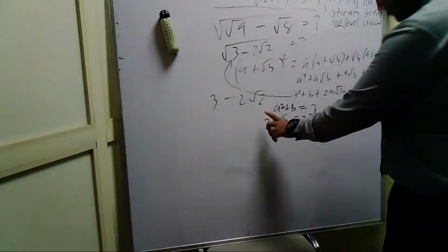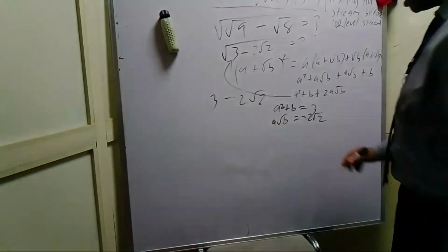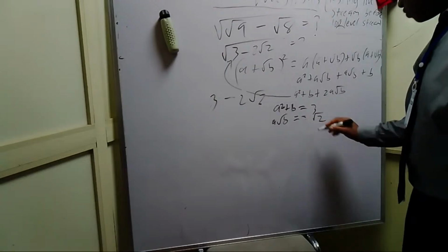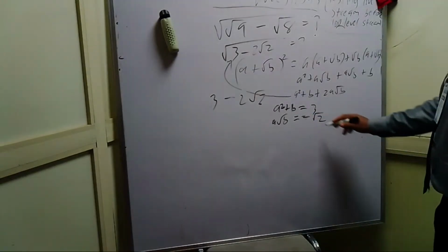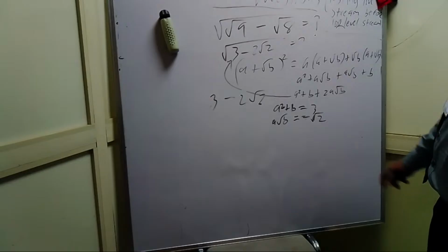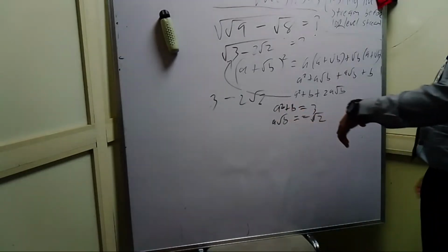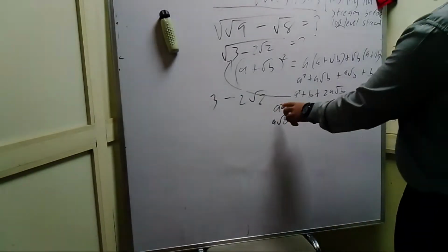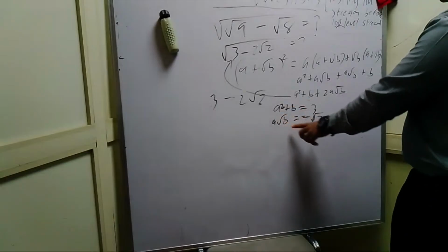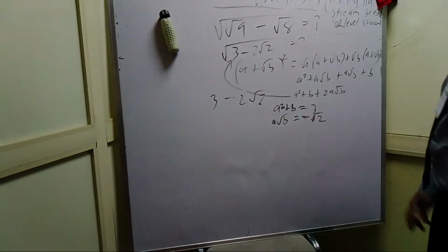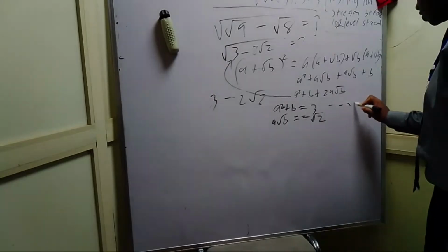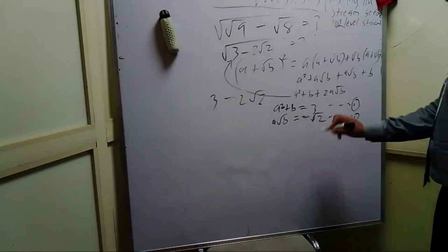Divide both sides by 2 for the second equation, and we have a root b is equal to minus root 2. Simple like that. Now we have a system of equations: a squared plus b is equal to 3, and a root b is equal to minus root 2. Let's call these equation 1 and equation 2.